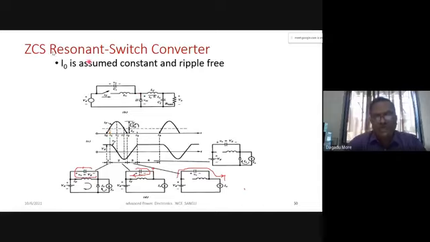In this case of ZCS, this buck converter, our T on is fixed, and we can vary the T off. So we can vary the frequency to control the output voltage.